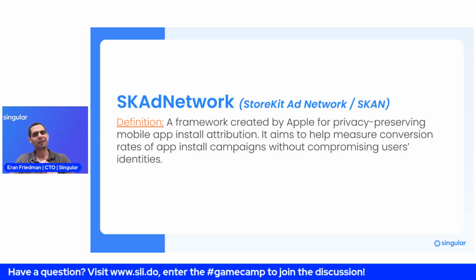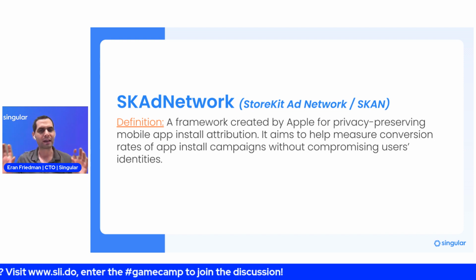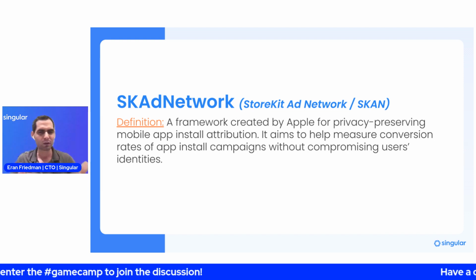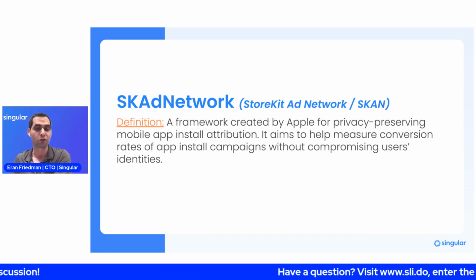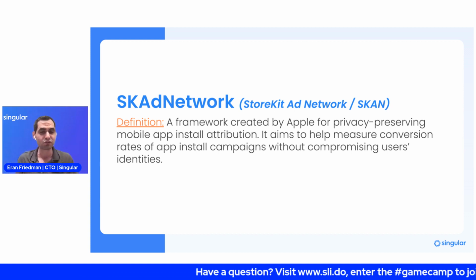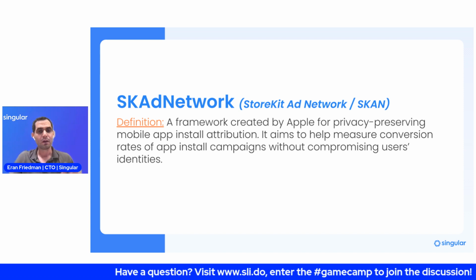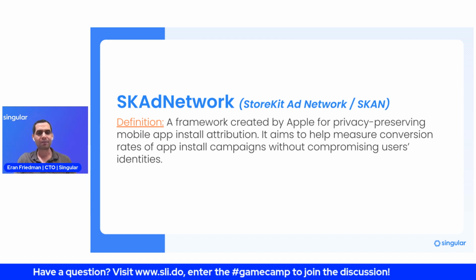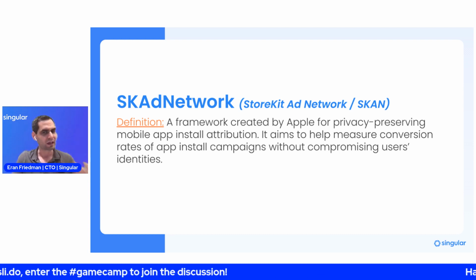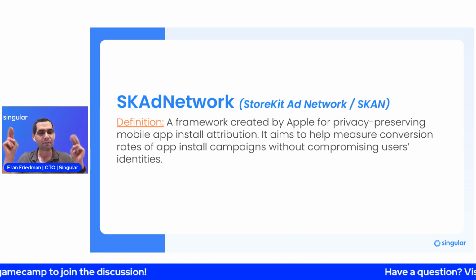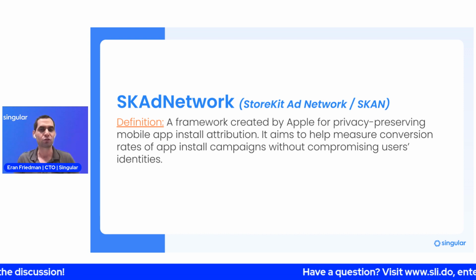Now let's give a quick recap on SKAdNetwork, exactly what it means and how it works, and then we'll talk about the big changes in SKAdNetwork version 4.0, which was just released in iOS 16.1. So SKAdNetwork, at a high level, is an acronym for StoreKit Ad Network, designed by Apple for privacy-preserving mobile app install attribution.